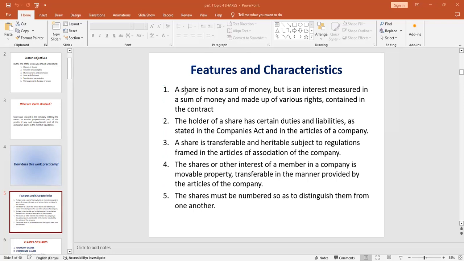Okay, I'm saying a share is not money. A share represents a lot of things. Money just happens to be the value you attach to that share. So think of it this way. Let me use a different example. If somebody has land, is the land money?